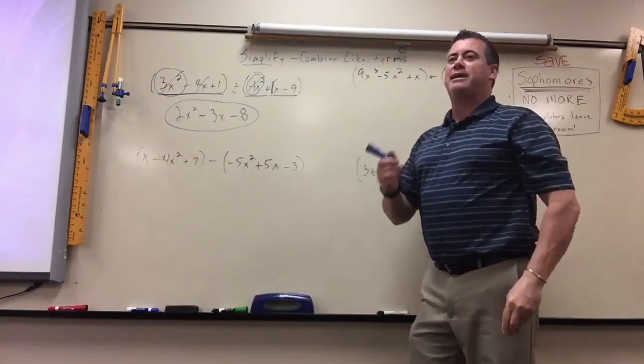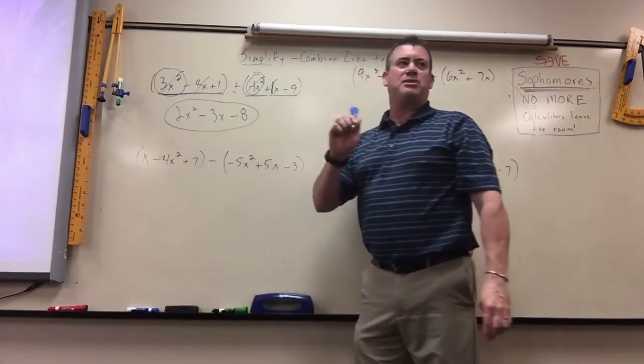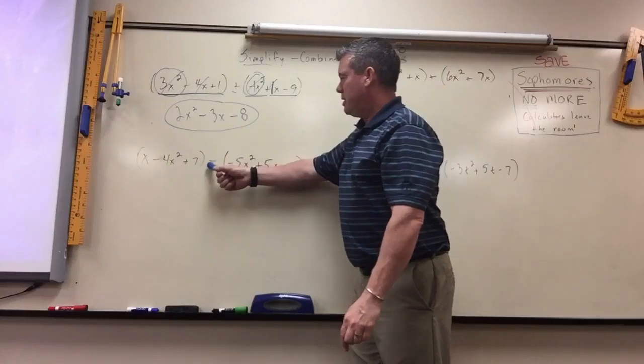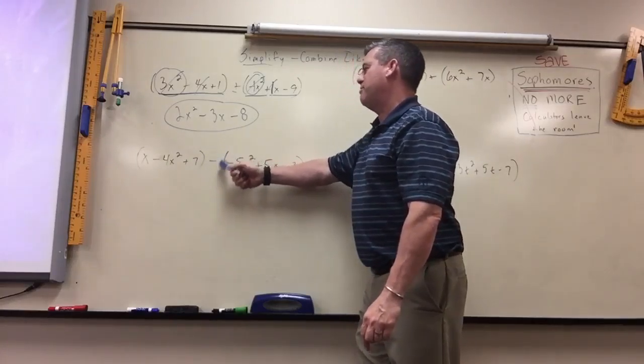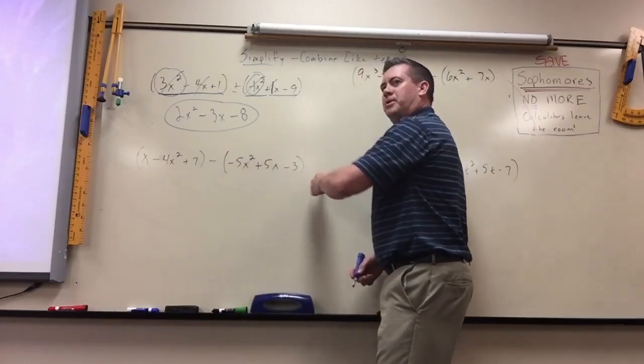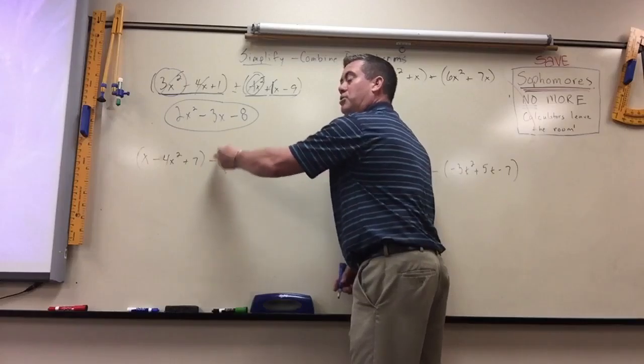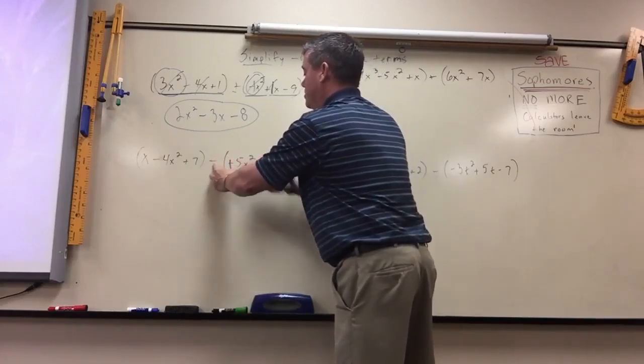Now, when it's subtract, that's when a subtract actually means opposite. So when the negative or subtract sign is in front of a parentheses, that means do the opposite of everything that's in here. The mathematical definition is you got to distribute that negative through. Negative times negative is positive.